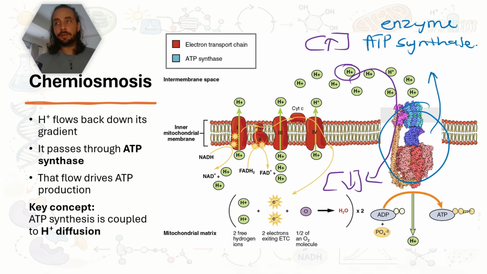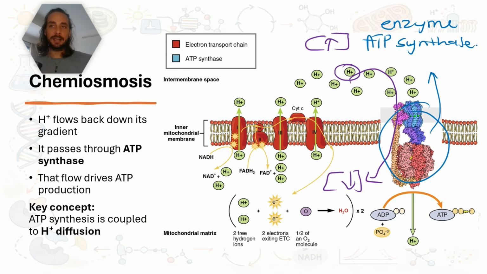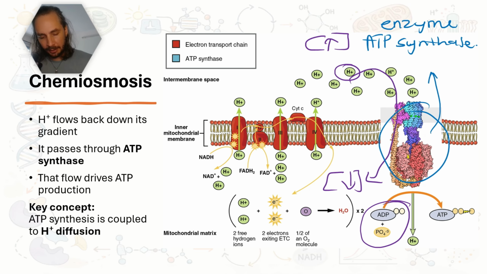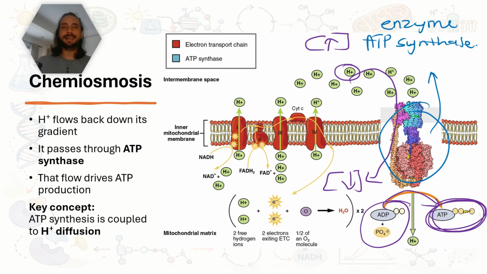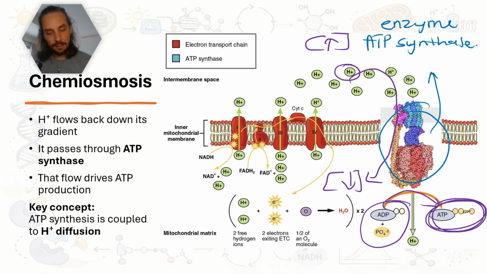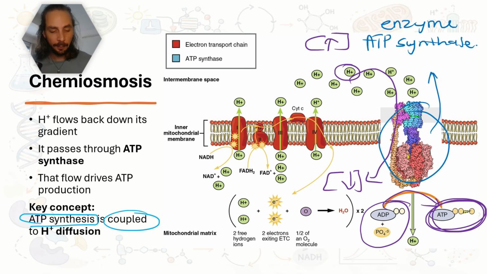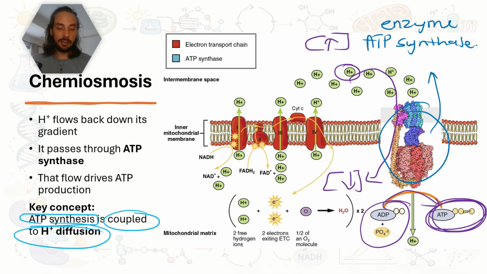As they flow through ATP synthase, it phosphorylates ADP. Here I have ADP and an inorganic phosphate, and the enzyme will catalyze that reaction to create ATP. So ATP synthesis is a coupled reaction with the diffusion of hydrogen ions, or protons.